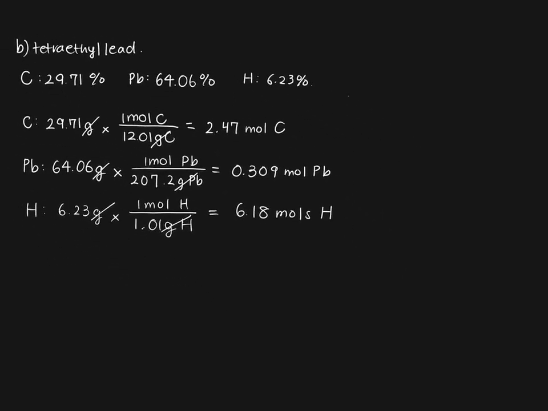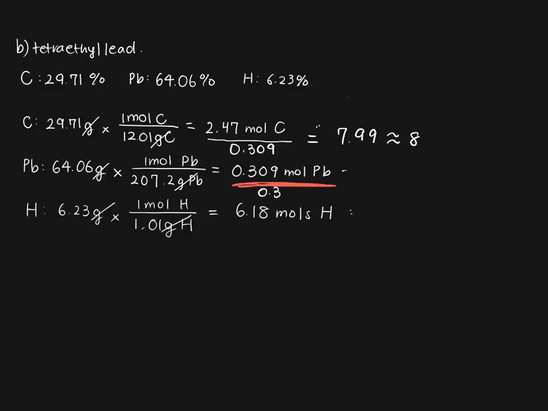And now looking at these, we notice that Pb has the smallest amount of moles, so we will divide each of carbon and hydrogen by 0.309. So let's divide these by 0.309 to get 7.99, which is about 8.